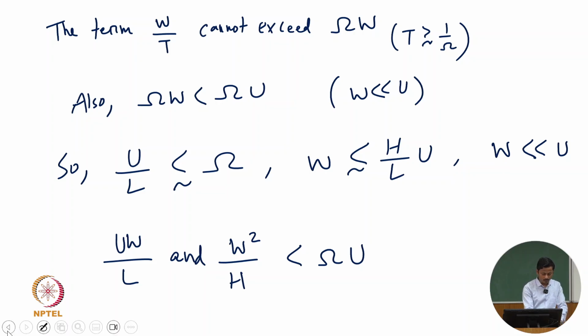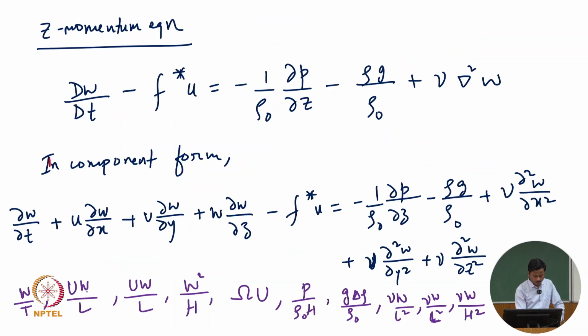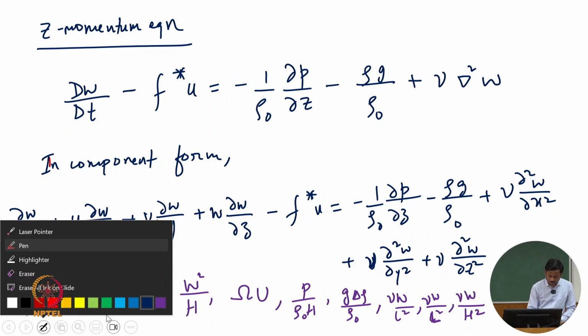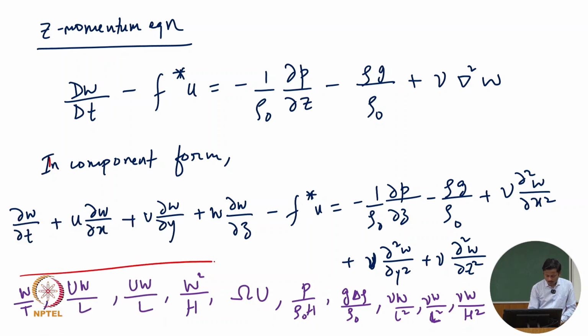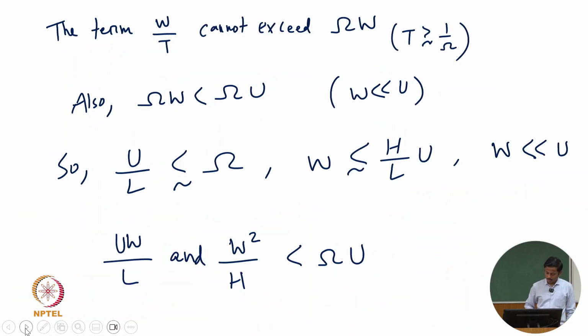That means the first four terms are neglected with respect to the fifth term, which is the omega u term. Now we'll see what is the ratio of the Coriolis to the pressure gradient term.